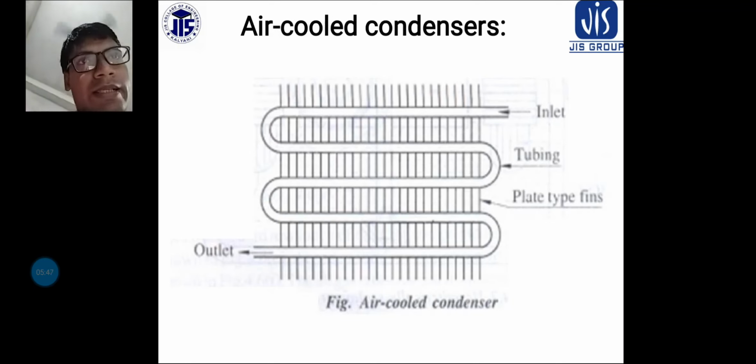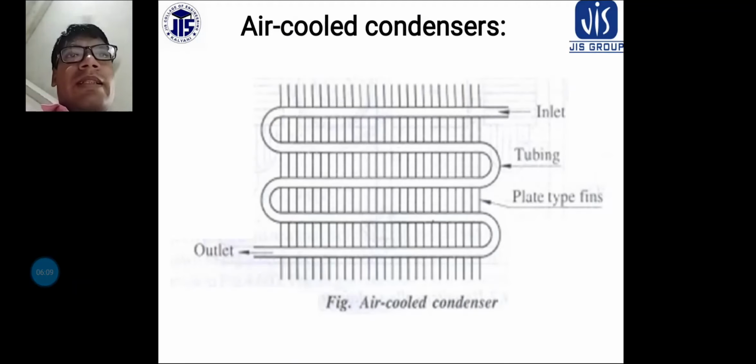In this condenser, heat is removed by air using natural convection or forced convection circulation. These condensers are made of steel, copper and aluminum tubing provided with fins to improve heat transfer.